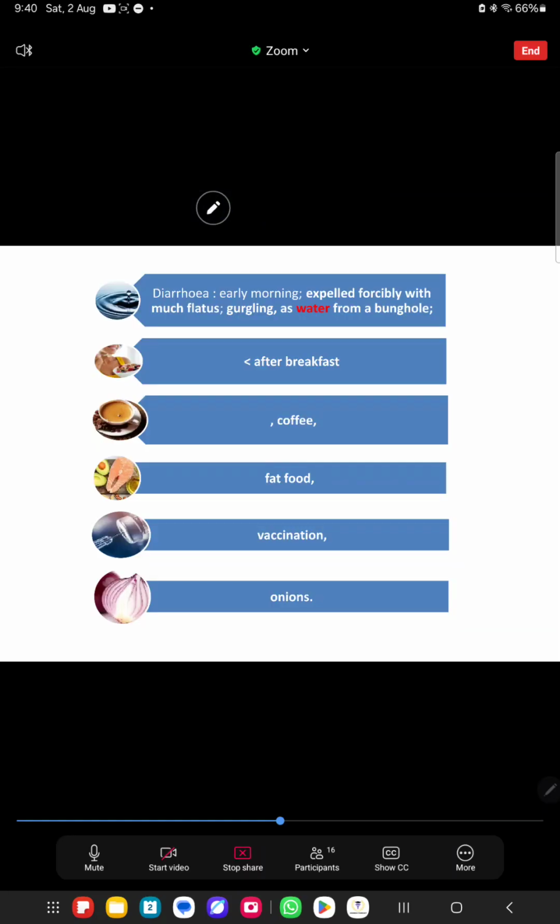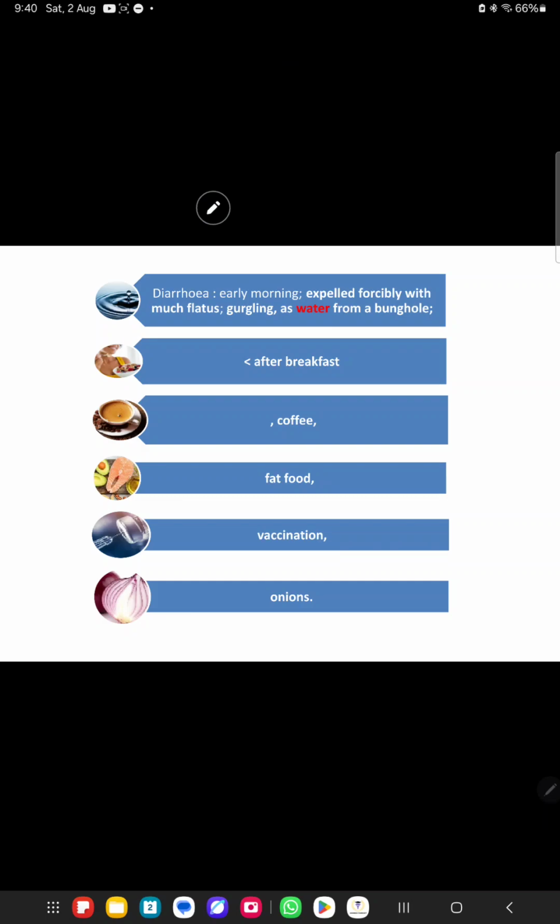Okay, like here the patient has diarrhea especially in the morning, expelled forcefully with much flatus and gurgling, as water from a bunghole. ऐसा लगता है छर आ गया. When the patient is passing the stool, छर, एक ही बार में निकल गया. Okay, if you find this type of symptom, then only can we think about this medicine.